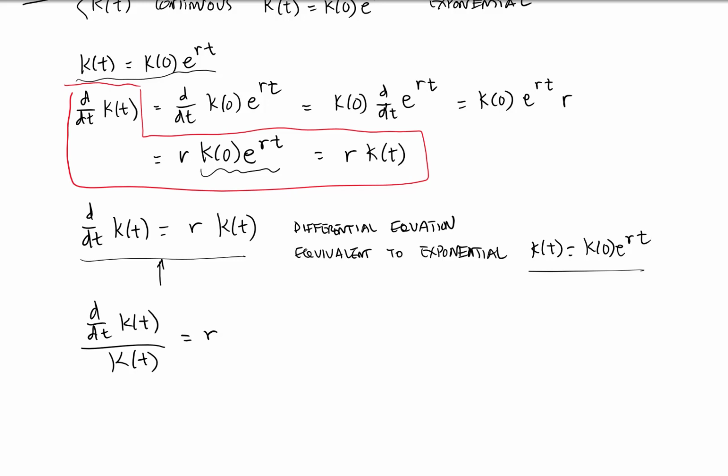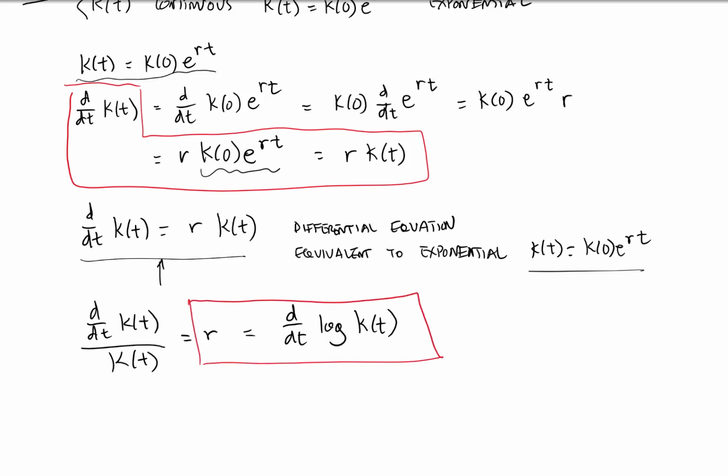There's one more thing that we should know, and that is that when we have the derivative of a function divided by the function, you may know this, this thing is equal to the derivative of the log of the function. So we have yet another equivalent way to describe this exponential growth model.